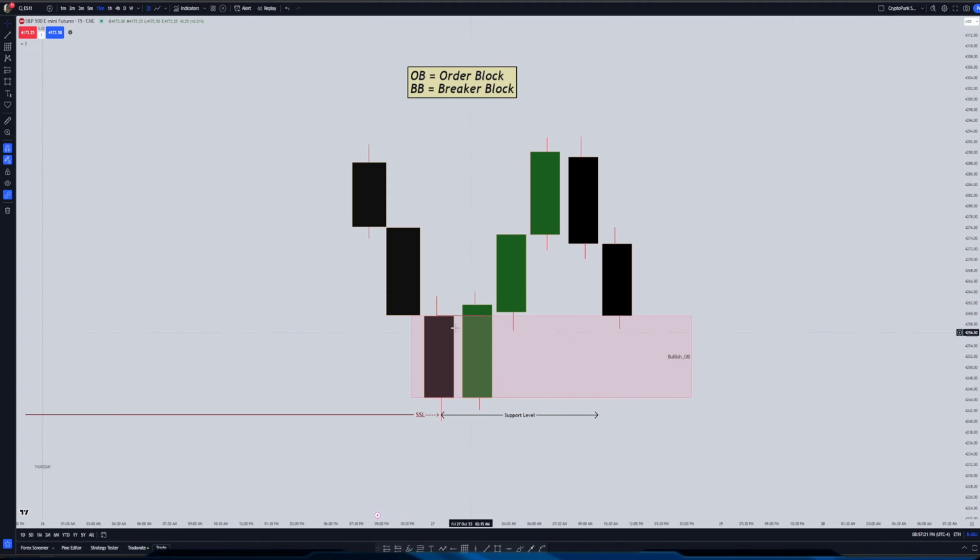So what we expect from this is price will come, go a little lower inside of that order block, or just come on top of the order block, and then it starts to go up high or higher again. Okay, so this is what we expect from an order block.